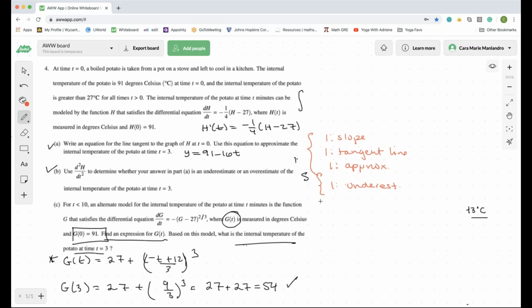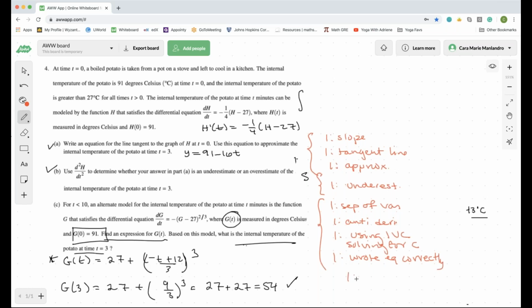Okay. And then for C, there were a lot of points here. You got a point for the separation of variables. You got a point for the antiderivative. You got a point for using the initial value condition and solving for C. You got a point if you wrote the equation correctly.